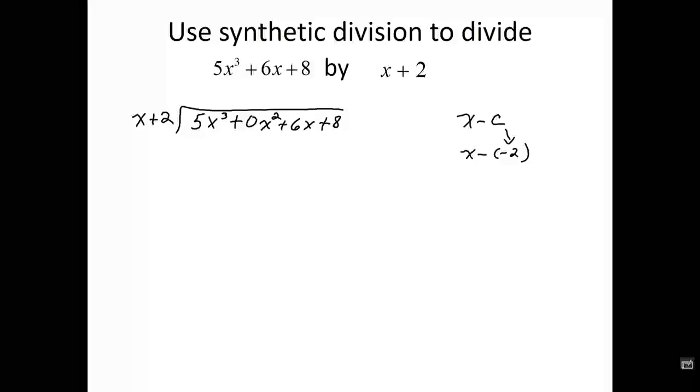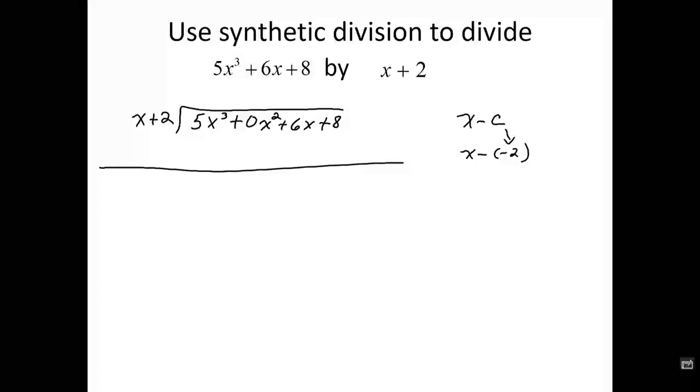We want to use synthetic division here. We've written the divisor, x plus 2, in the form x minus c, so c is negative 2. This is what we do in synthetic division.